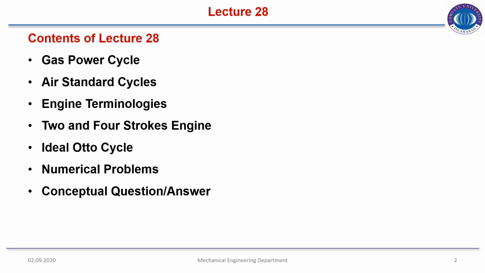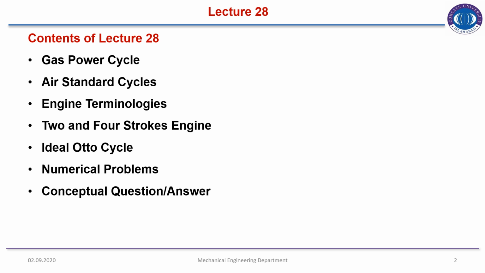According to working substance we have the vapor power cycle, in which we generally have water as the working substance. In some part of the cycle the working substance is in the vapor or gaseous phase, whereas in some part the working substance is in liquid phase.